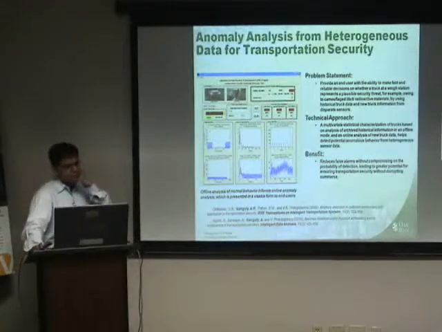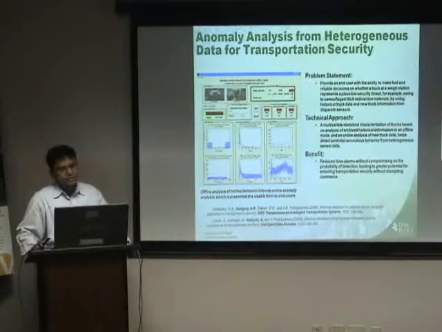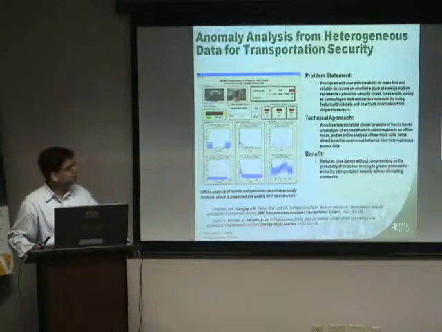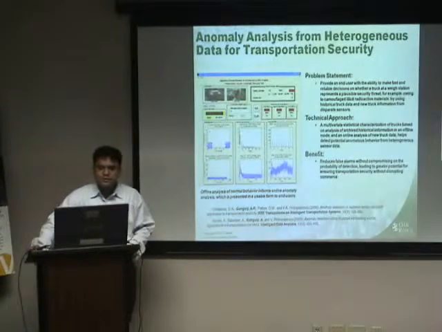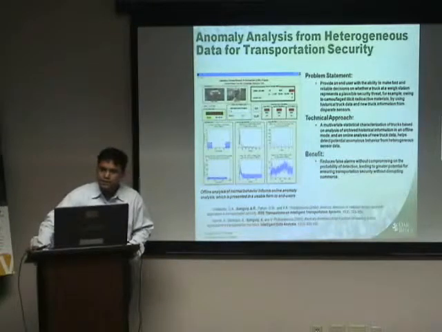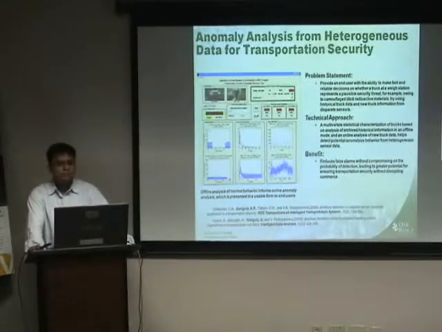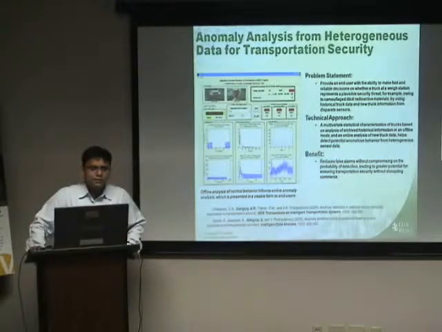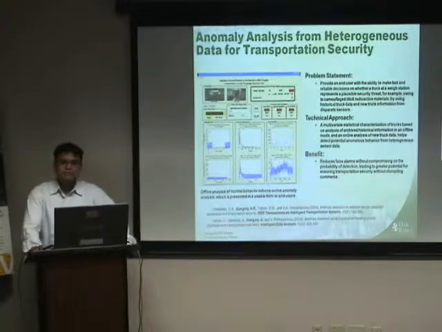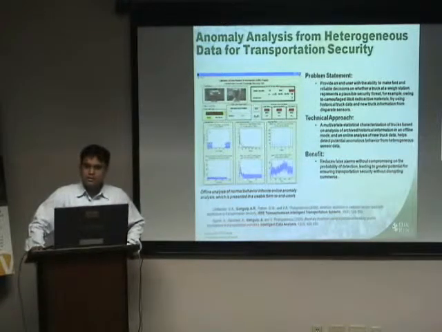So here is one example of the kind of applications that we have worked with and the tools we have developed. This was for a problem in transportation security, where probably all of you have seen weigh stations on the interstates. So what this says is that commercial vehicles are intercepted and investigated at the weigh stations anyway.